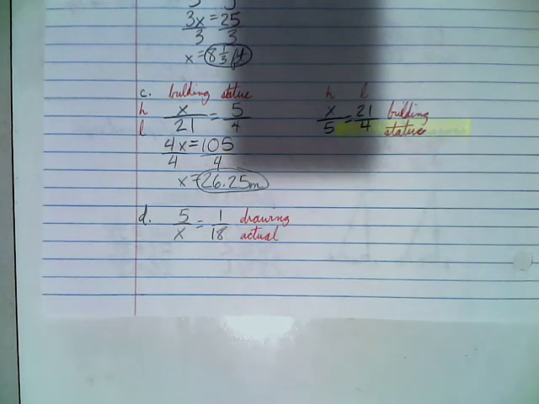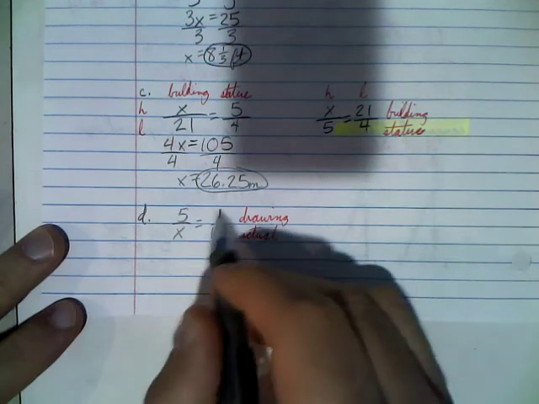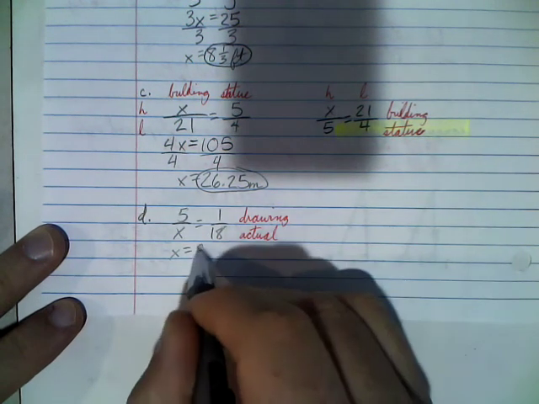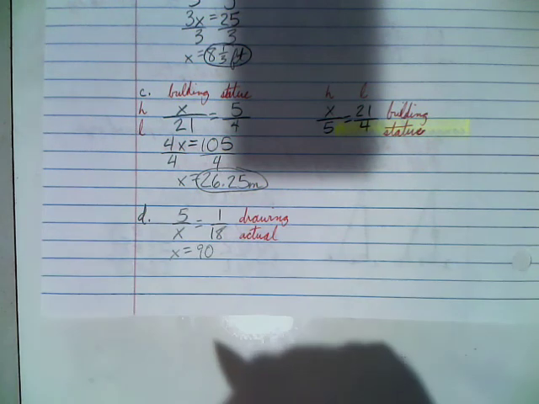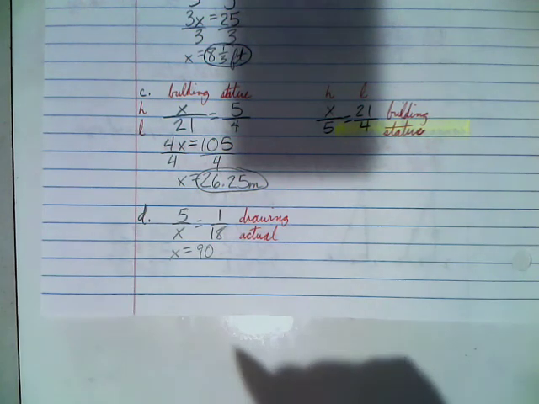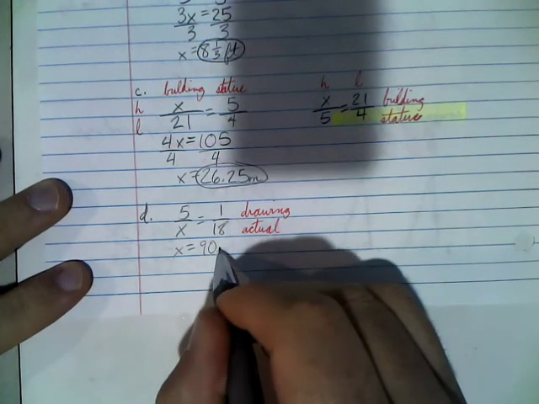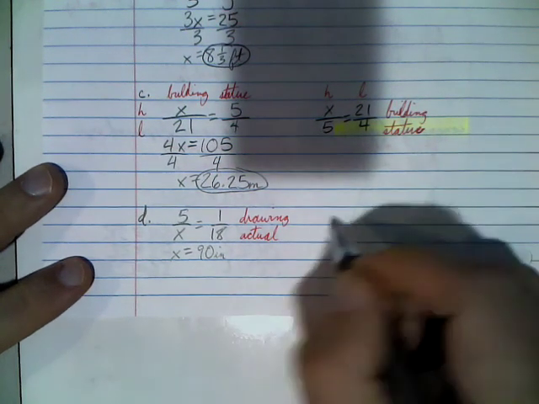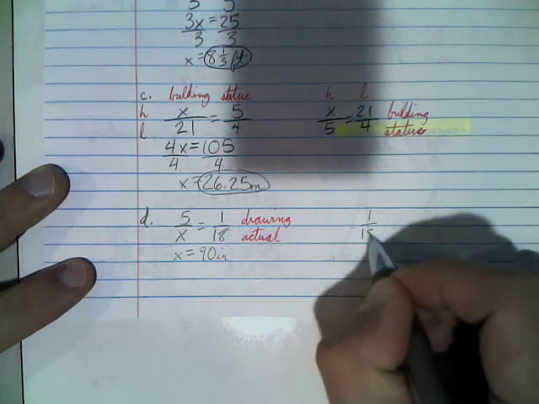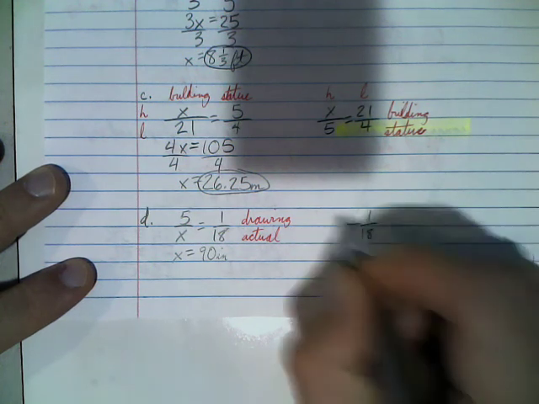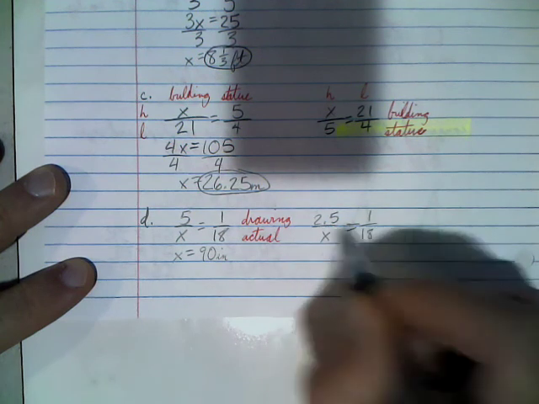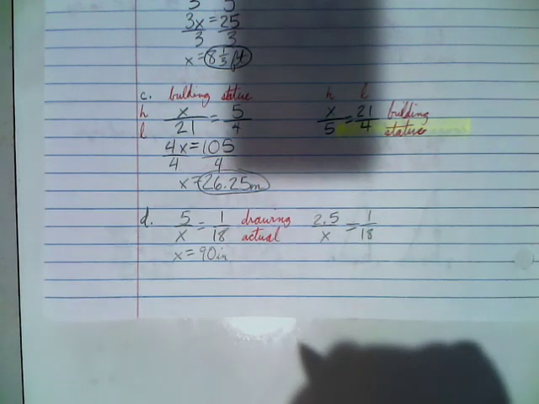Well, a quick little cross multiplying. 1 times x is just x, and 5 times 18 is 90. So that'll be 90 inches long. But then we also know that the width is 2.5 inches.